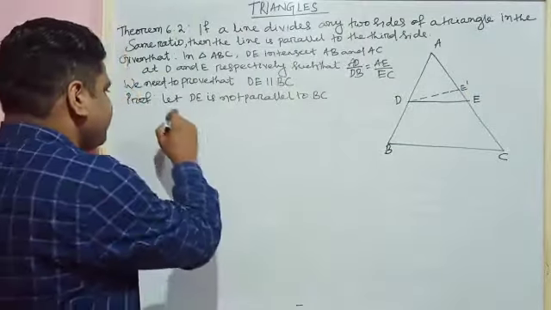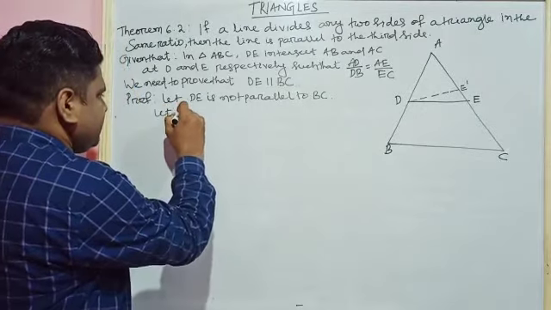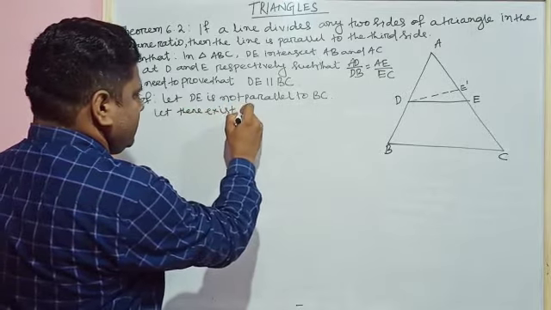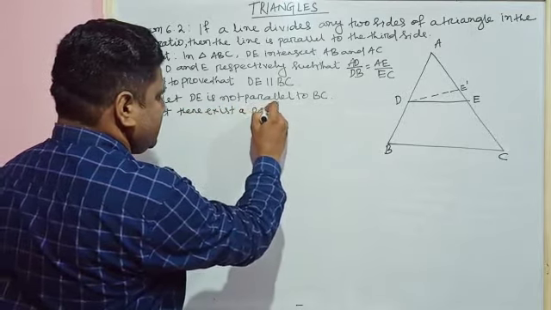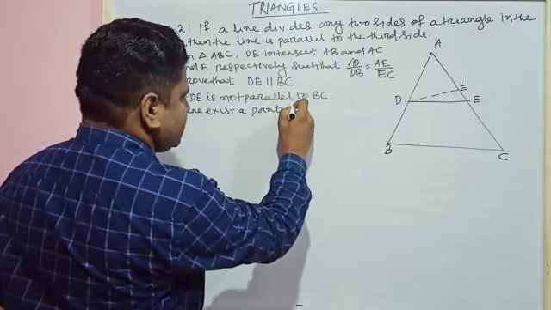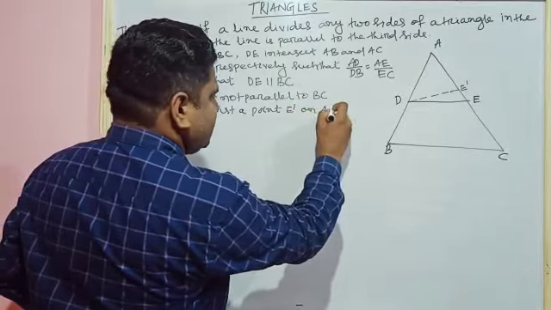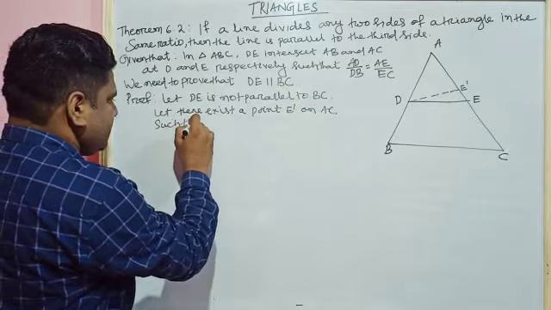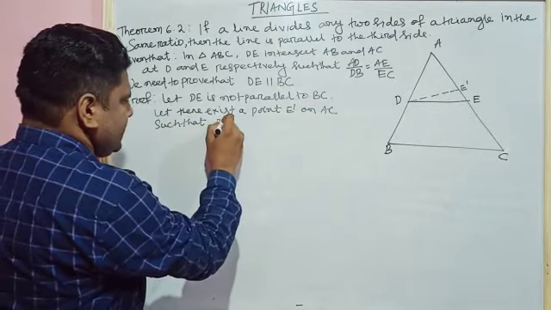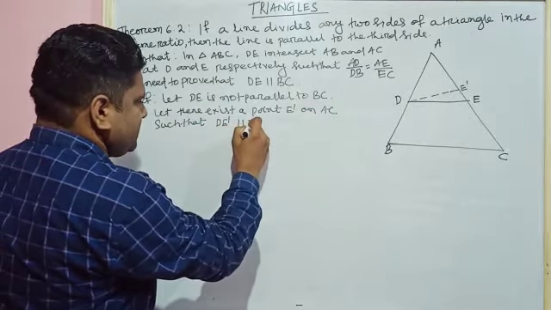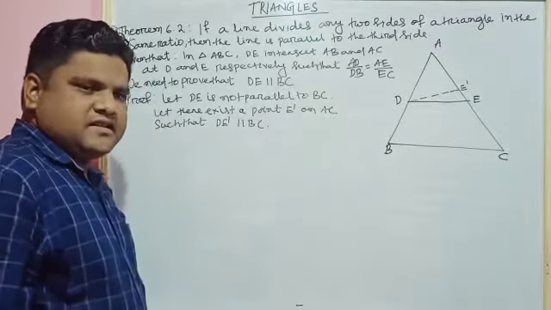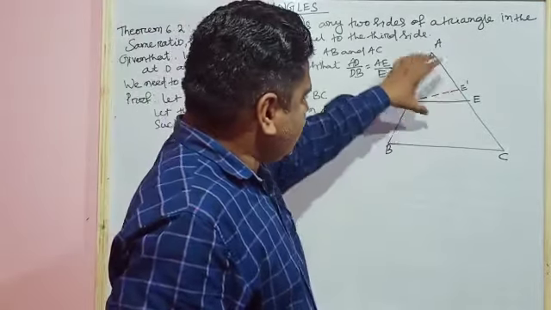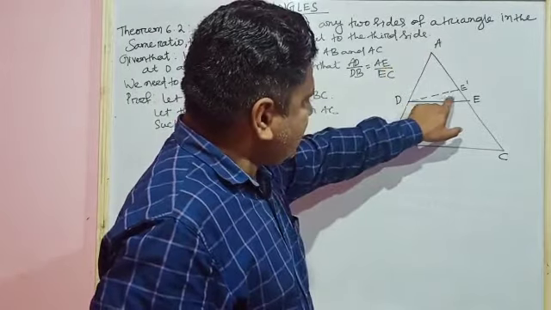How can we write this? Let there exist a point E dash on AC such that DE dash is parallel to BC. So DE dash is parallel to BC in triangle ABC.